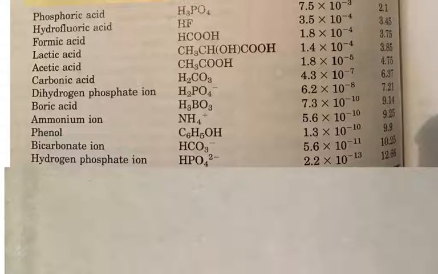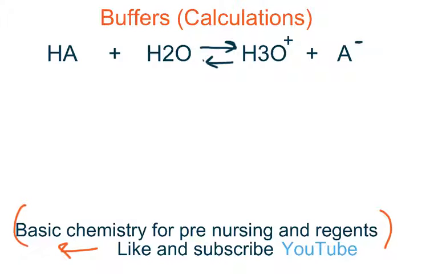Now typically, guys, you're given a chart like this in lab, and you're asked to do certain calculations with buffers. So what happens if we have a weak acid, which the universal symbol for weak acid is HA?